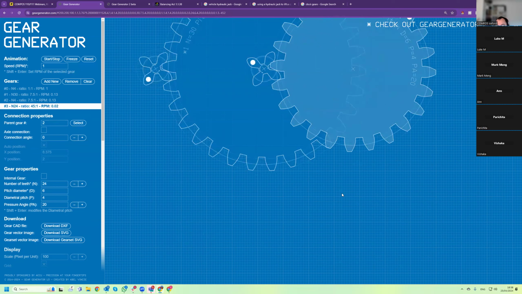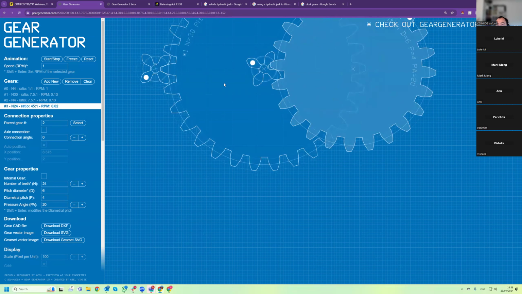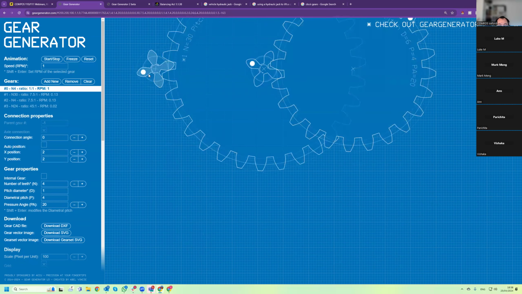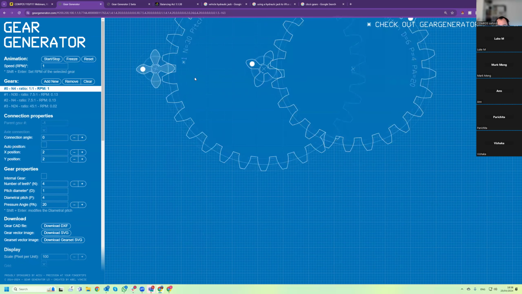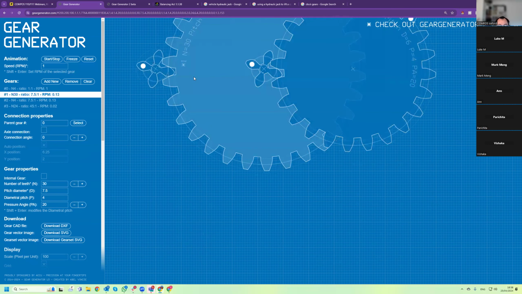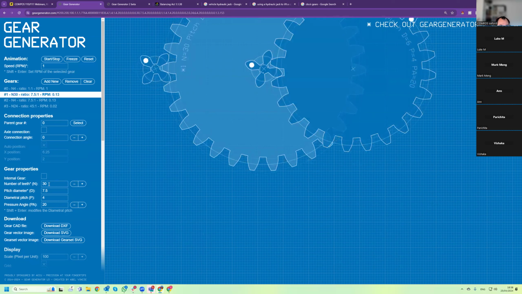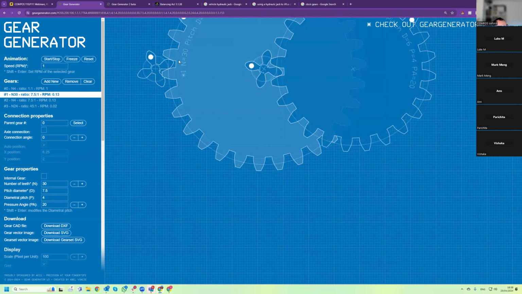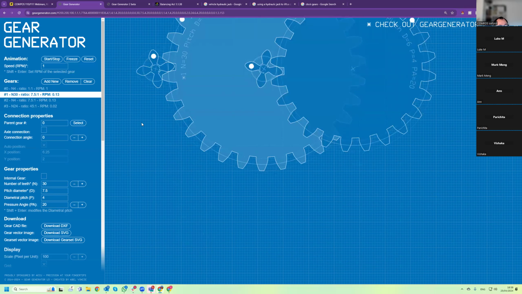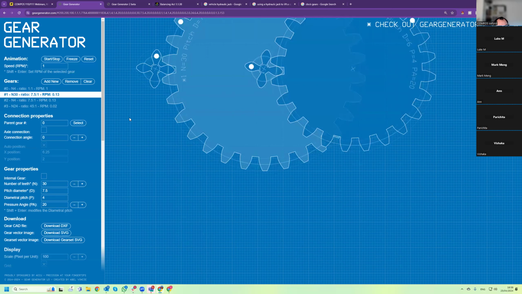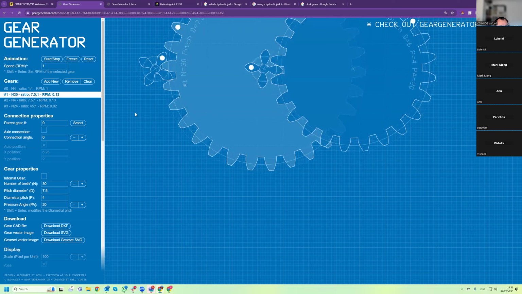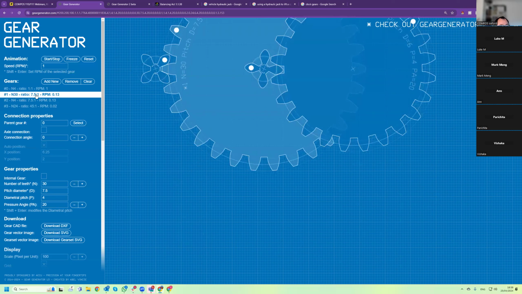So I think we've done it. So this gear, the first gear, is 1 rotation per minute. This is 30. Oh no, sorry. It is 30. That doesn't even divide. 15. So the ratio is 7.5.